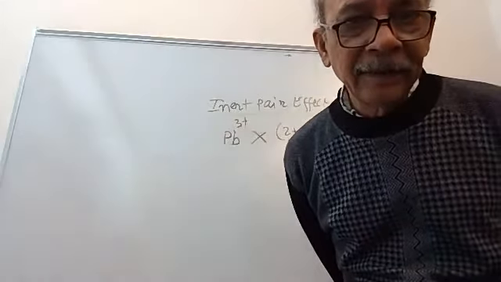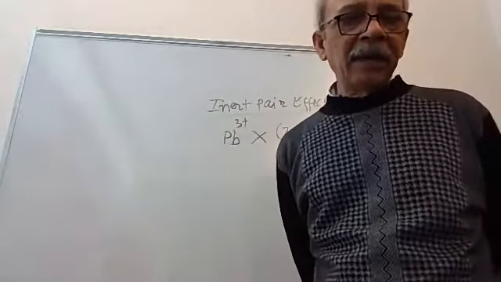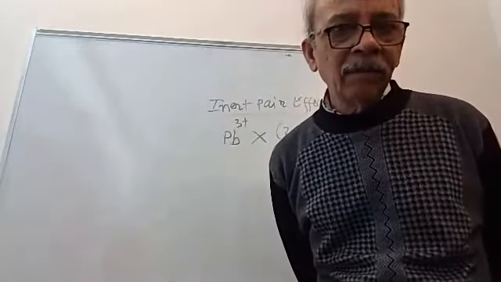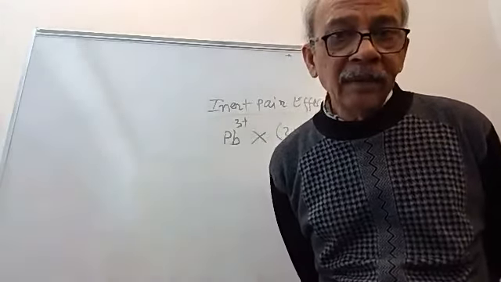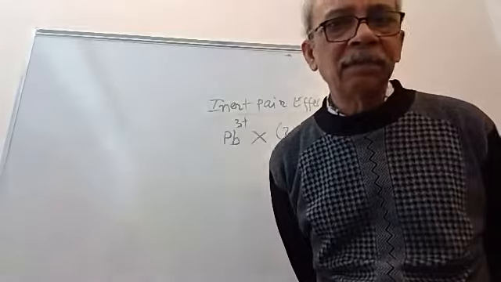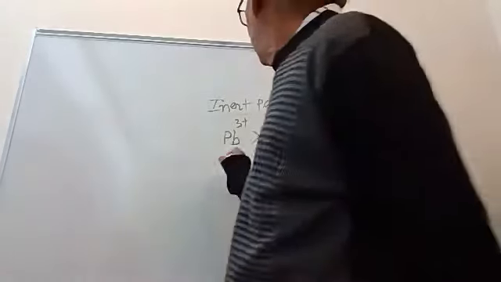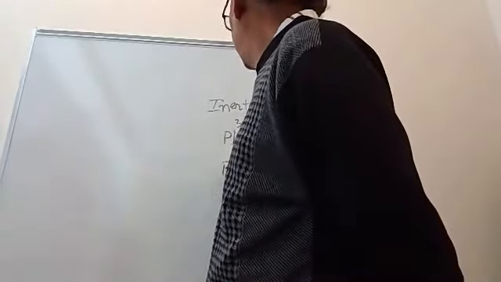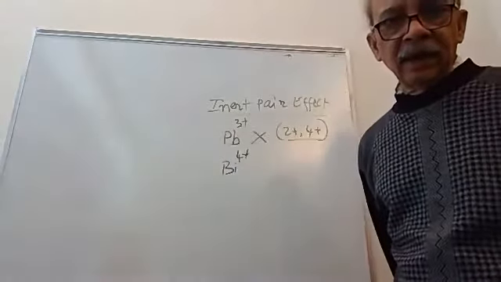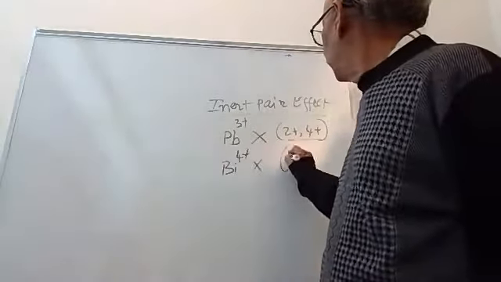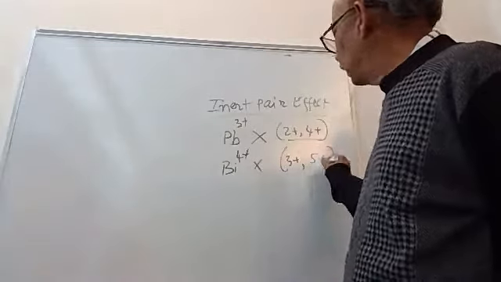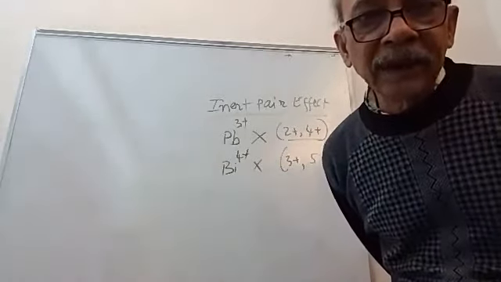Amazing, right? Have you ever seen any compound in which lead is 3 plus? Or tin in 3 plus? No. Similarly, bismuth in the 4 plus state is never seen. Bismuth is either 3 plus or 5 plus, but never 4 plus.